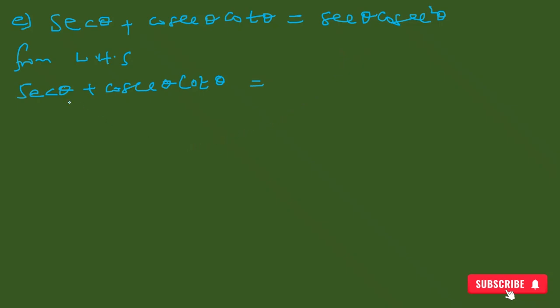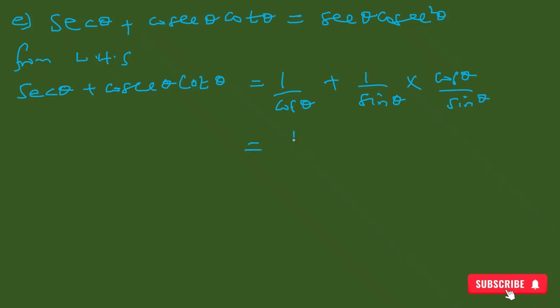I will find another way of writing sec theta, which is 1 over cos theta, plus another way of writing cosec, which is 1 over sine theta, and another way of writing cot is cos theta over sine theta.